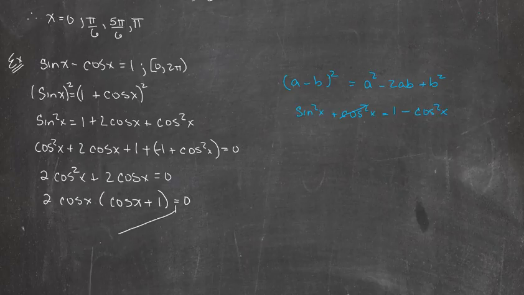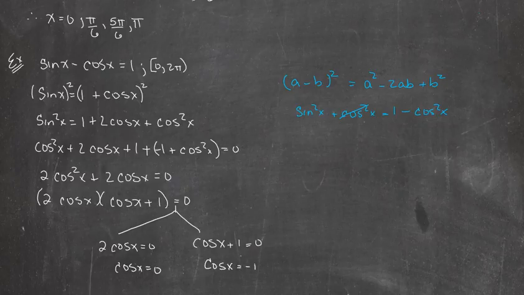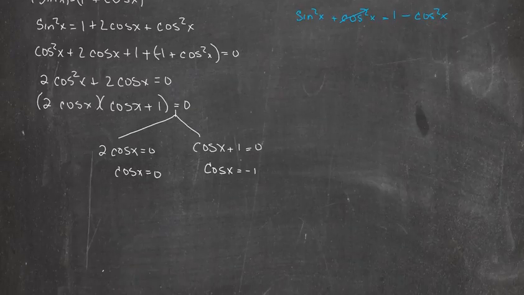Zero product property: 2 cos x equals 0, and cos x plus 1 equals 0. Cos x equals 0, divide by 2, and cos x equals -1. Okay, let's see what we have.